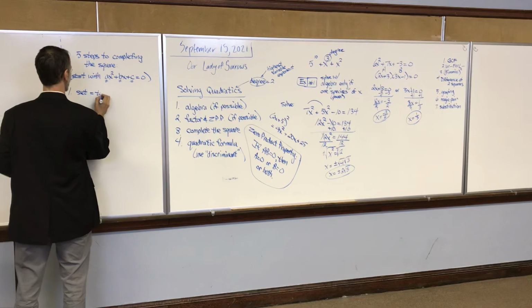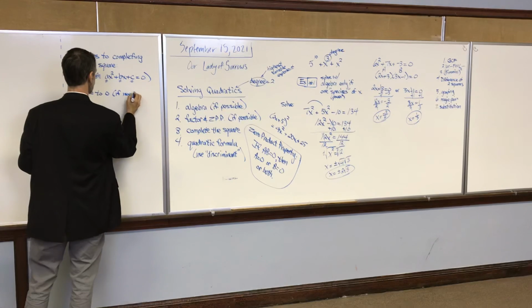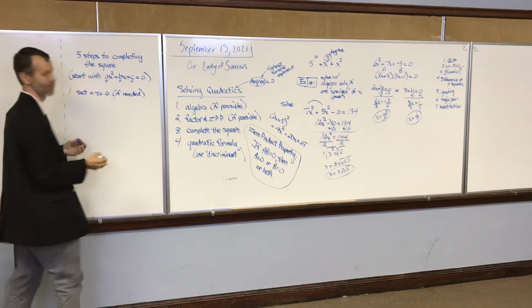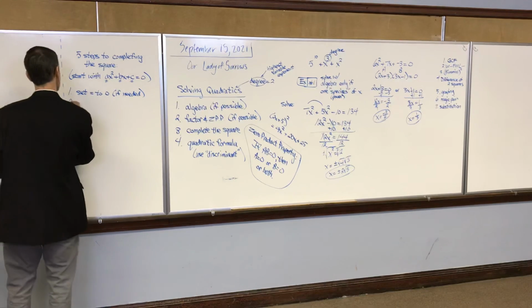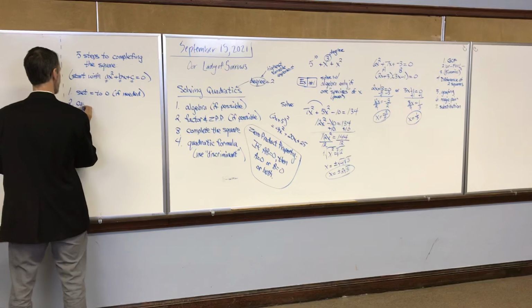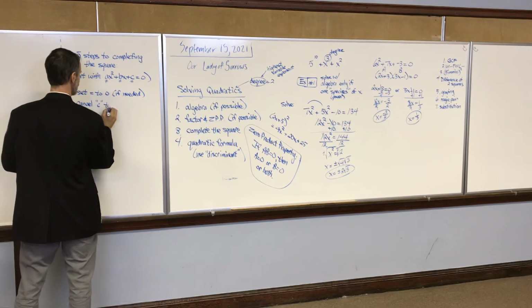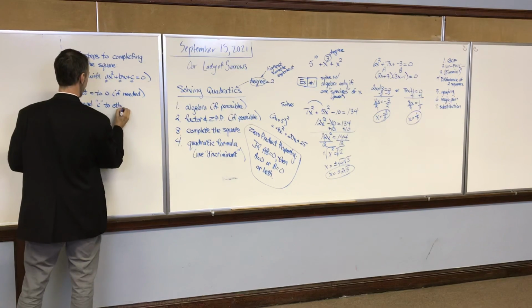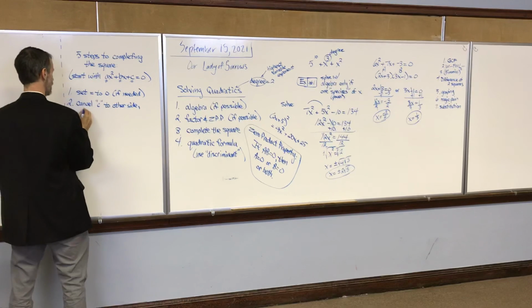Set it equal to 0 if needed. Sometimes it's already equal to 0, in which case, great, you can skip this. Step 2. Cancel the c to the other side, and leave a blank.